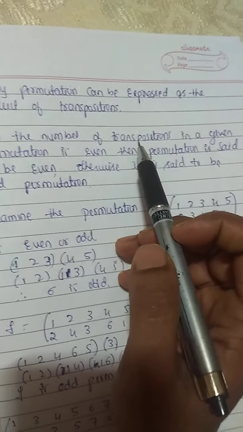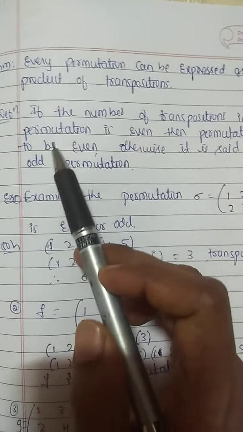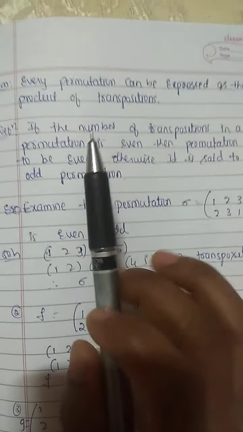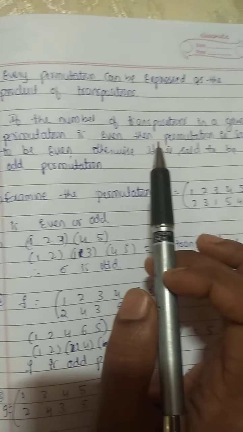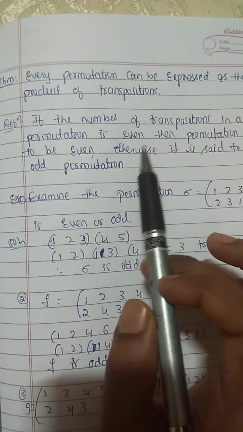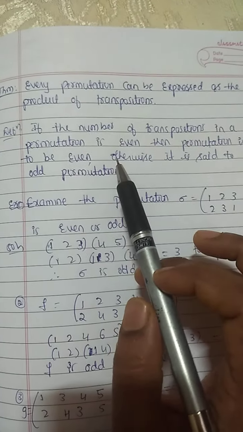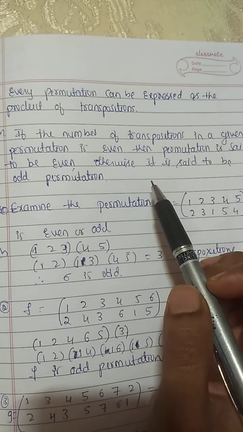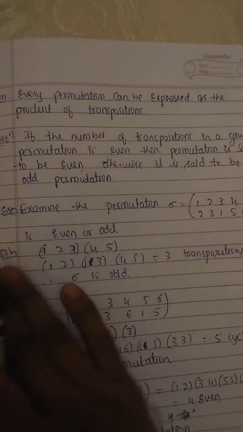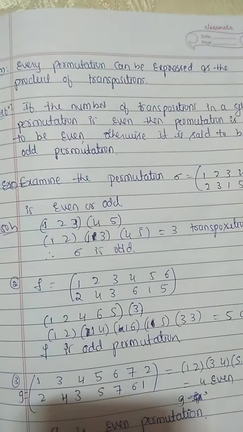Definition: if the number of transpositions in a given permutation is even, then that permutation is said to be an even permutation. If the number of transpositions in a given permutation is odd, then that permutation is said to be an odd permutation.